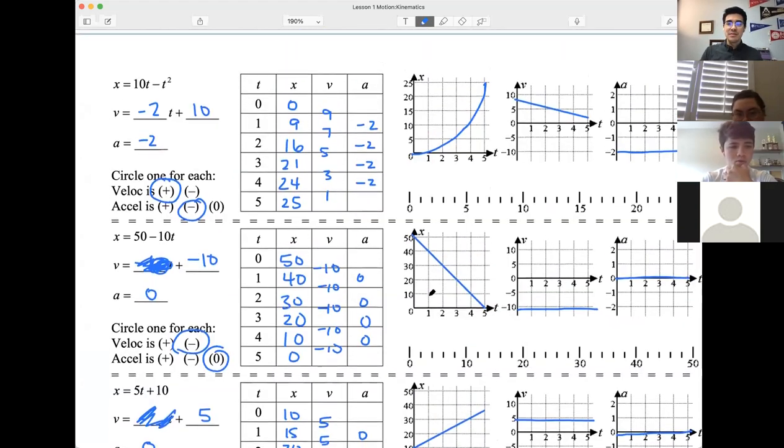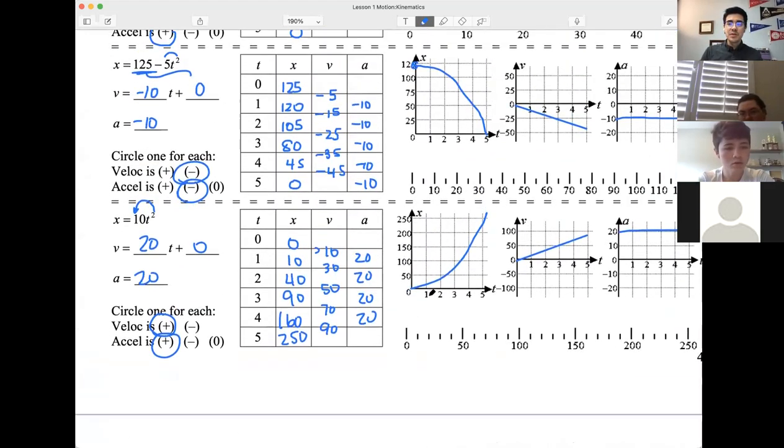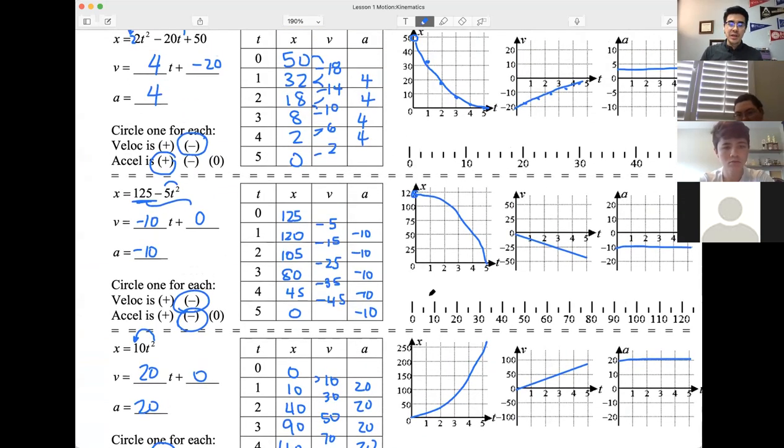Acceleration is positive. So that'd be graphs 1 and 3. What happens when the acceleration is positive? What thing does graph 1 for the position and graph 3 for the position share in common? So there's this concept called concavity, right?